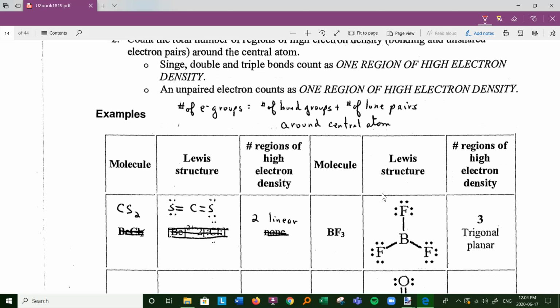An unpaired electron, no, an electron pair, let's just call it a lone pair, counts as one region. So the better way to do it here: the number of electron groups is the number of bond groups plus the number of lone pairs around the central atom. I don't care about the ligand lone pairs, just the central atom.